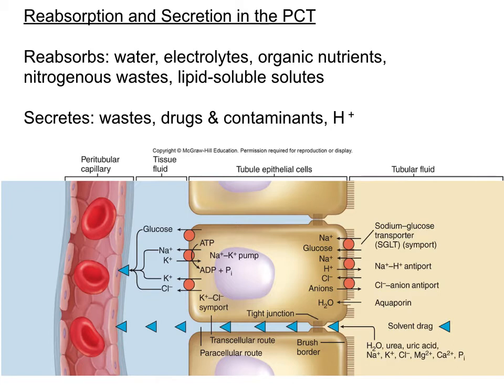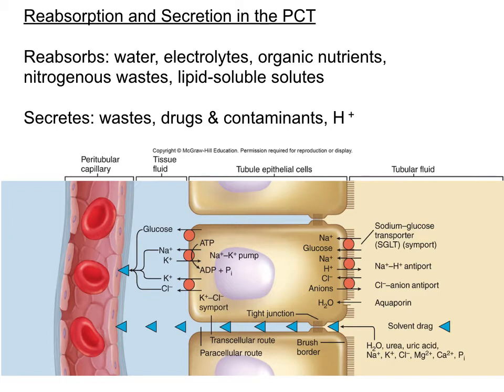With regards to tubular secretion, your proximal convoluted tubule is the main site for tubular secretion, though there are some of the other components of the renal tubule that do some secretion as part of their function. In the proximal convoluted tubule, and to a much smaller degree the nephron loop, tubular secretion is going to serve three major purposes.